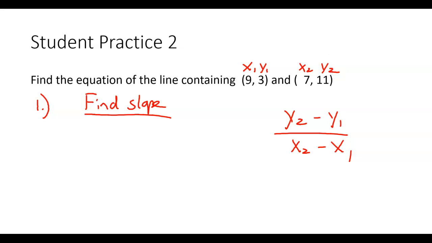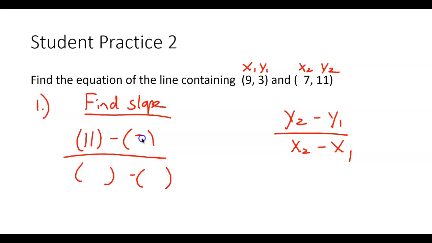Did you use that formula? Y2 minus Y1 over X2 minus X1. My Y1 is 3, X2 is 7, X1 is 9. And so we get 8 over -2, which is -4 when you reduce it and simplify. So move on to step 2. Write that out if you haven't done so already, and we'll do step 2.